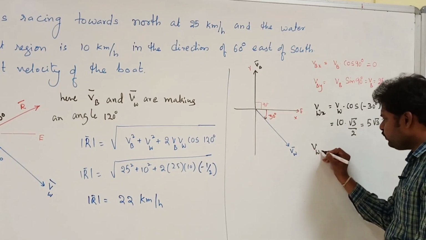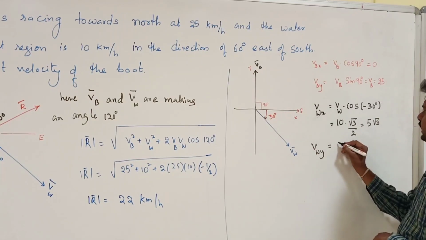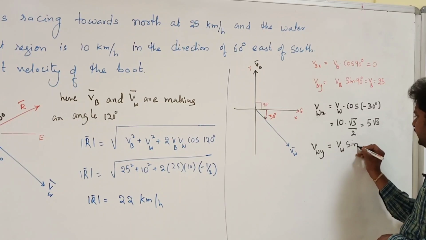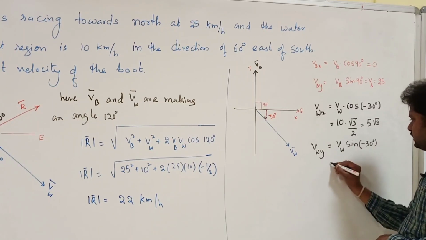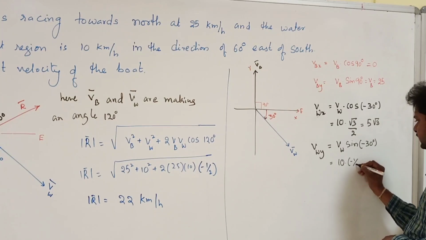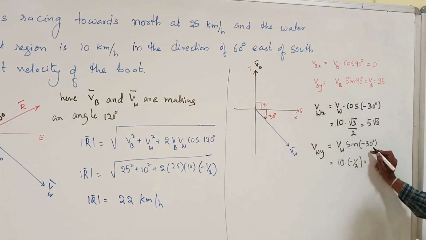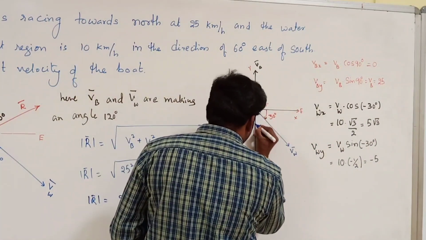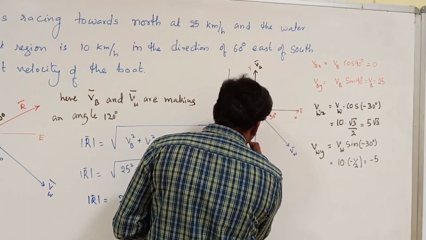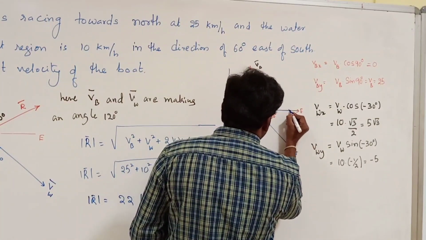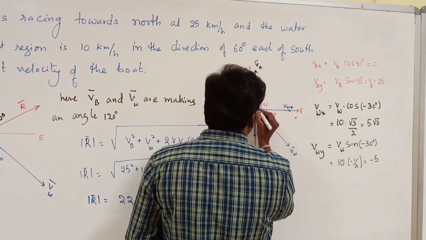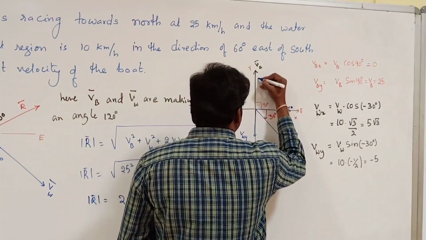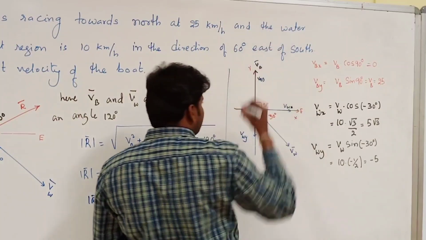Now, the VWY component is VW sin minus 30, which is 10 into minus 1 by 2, since sin of minus theta becomes minus sin theta, which is minus 5. So, this is the VWY component, this is the VWX component, and this is the VBY component.